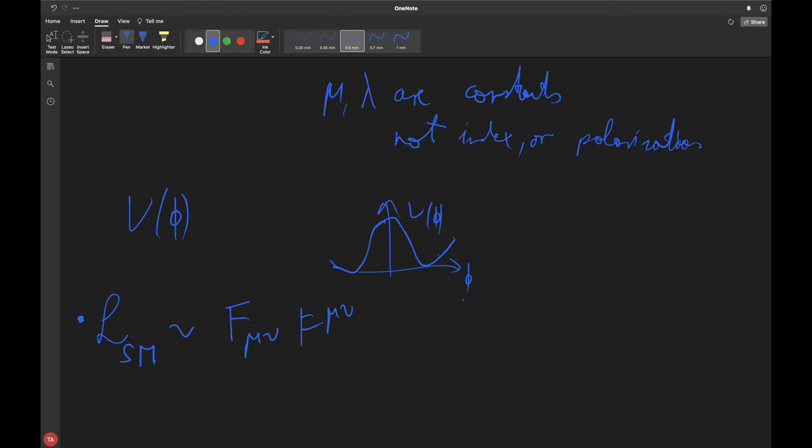This is the interaction of the gauge particles, so we have the photon, the gluon.